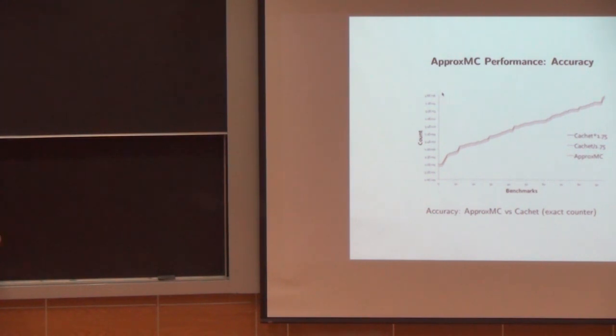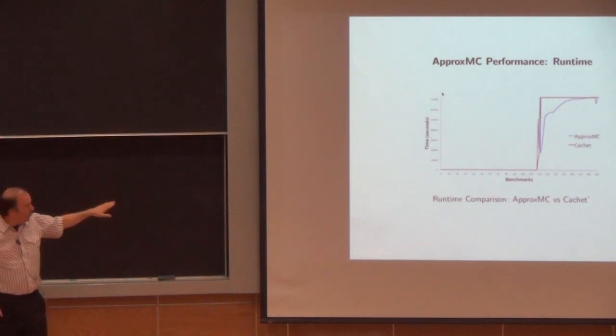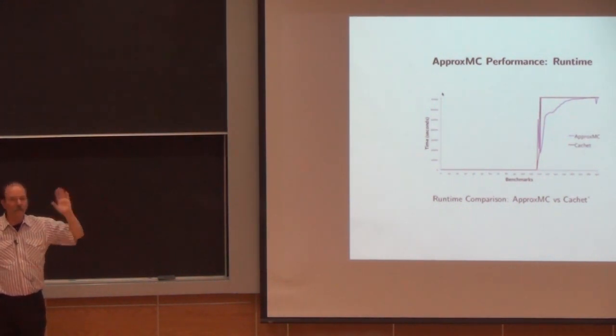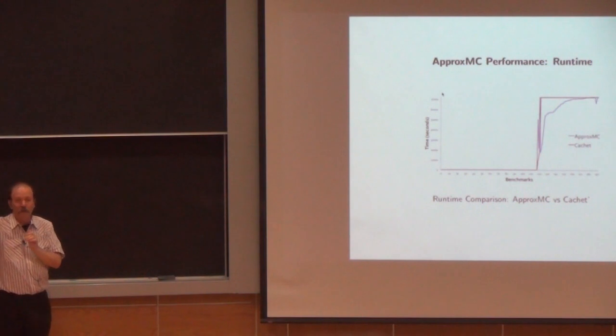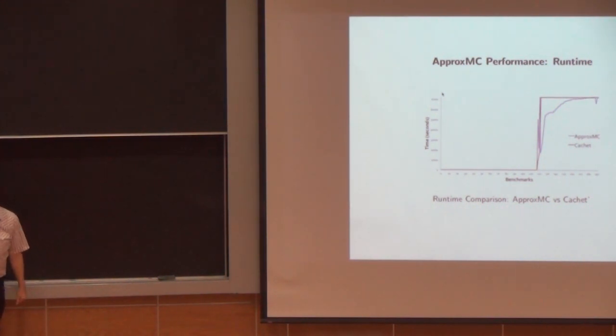It doesn't explain why we are so accurate. We set epsilon to be 0.75, and it behaves as if we set it to be 0.05. On a small benchmark, the exact counter is better. But the exact counter usually maxes out at about 50,000 variables. If you want to go to hundreds of thousands of variables, the only way to do it is using this approximate counter.